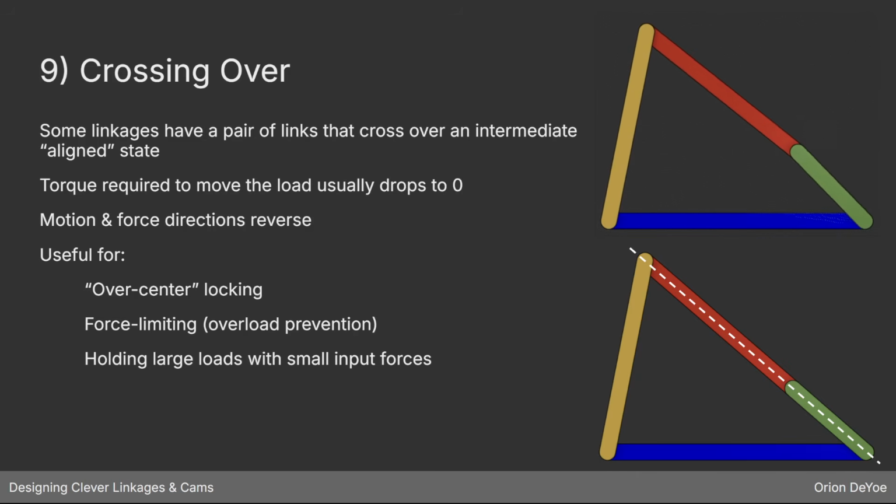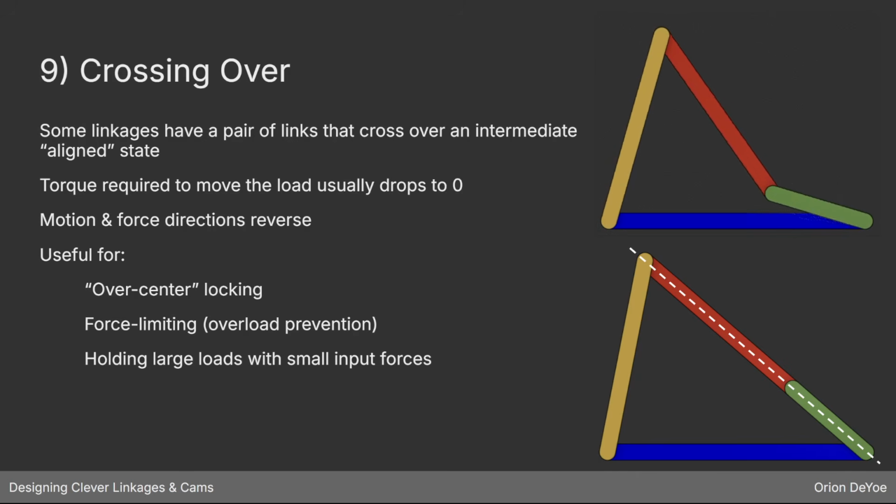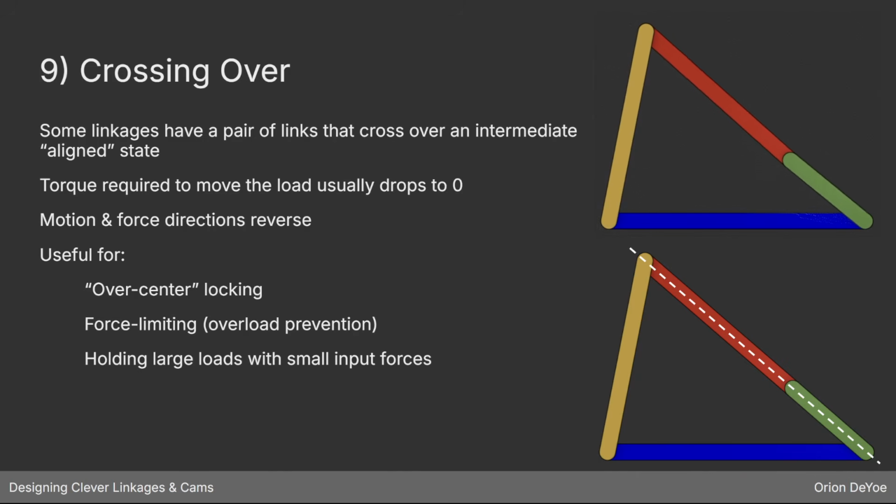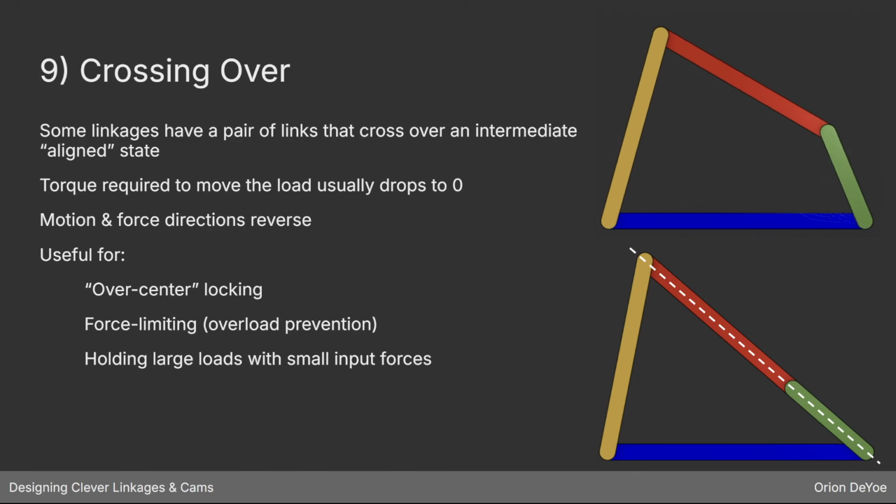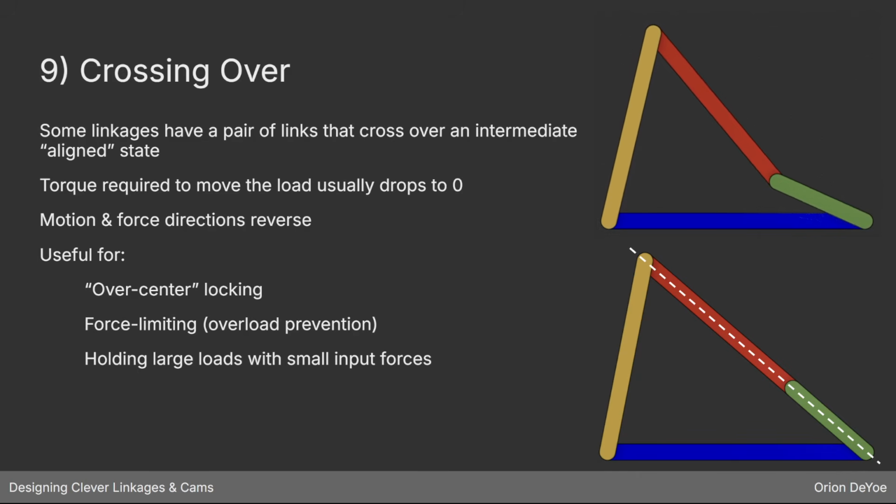When you're evaluating a system like this, it's important to understand that the directions of forces in your system change when you cross over this crossing point. When you're on one side of it, your load will be producing a torque on your driving link in one direction, and once you cross over, that will reverse.